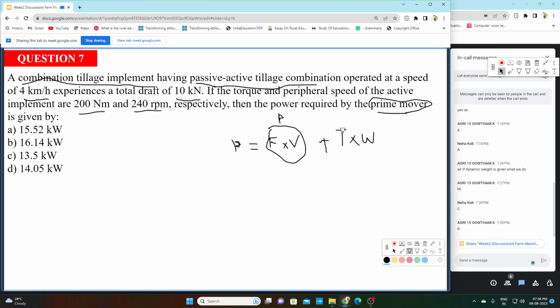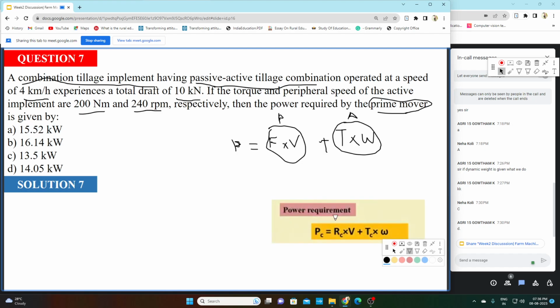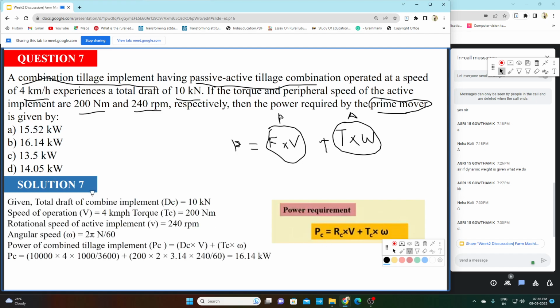This T is for torque, okay? So a combination passive plus active is force into velocity plus torque into angular speed, okay? So this is your power requirement, that is force into velocity plus torque into angular speed, okay?